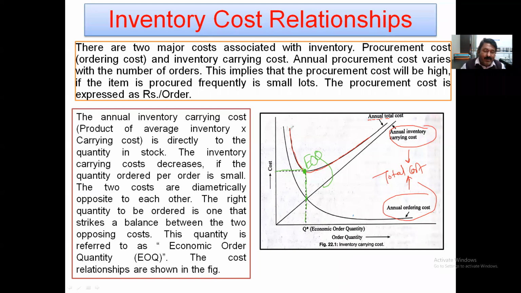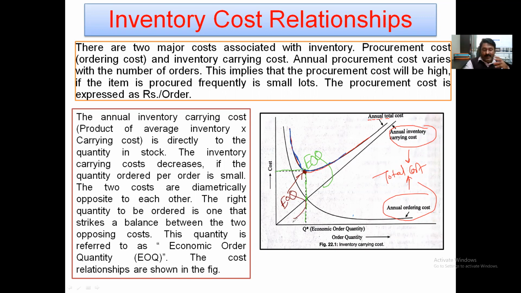When compared for the annual total cost, the curve I have explained moves downward like this, and after a certain point it goes upward. This point is referred to as EOQ, economic order quantity.